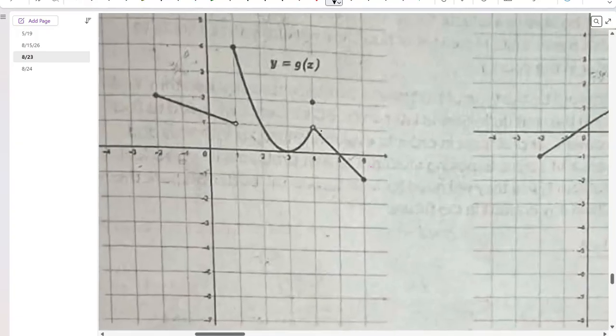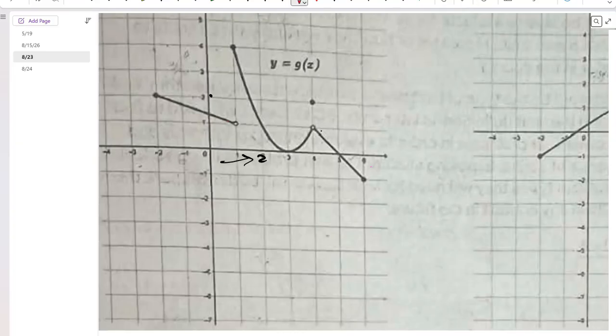Once again, here's 2, and we come into 2 from the left. So 2 from the left, it looks like the y values are these guys. Let me pick a different color, like red. 2 from the left looks like it's coming into 1 from the right. Wait, I'm sorry, that's not 1.